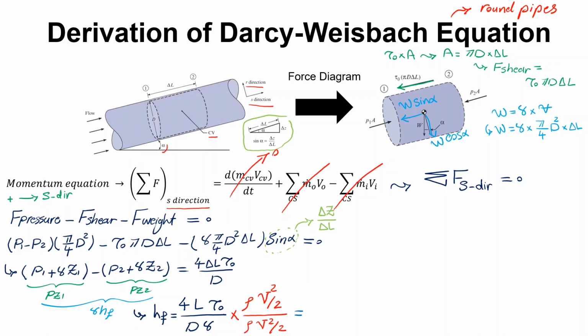They came up with 3 brackets. The first bracket involved 4 shear stress divided by density, velocity to the power 2 divided by 2. The second bracket was simply length of cylinder divided by diameter. And the third bracket was velocity to the power 2 divided by 2g.